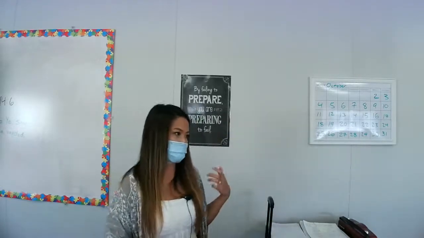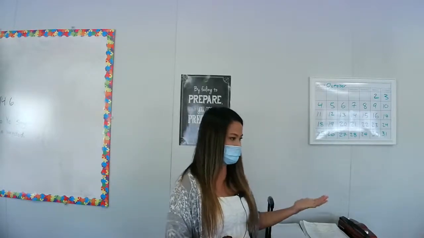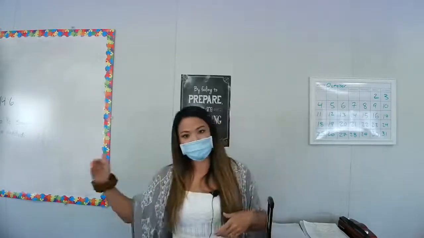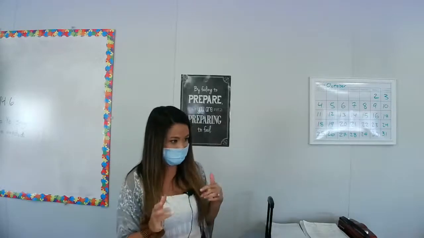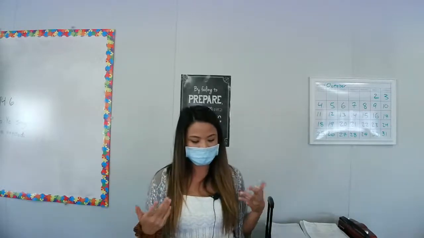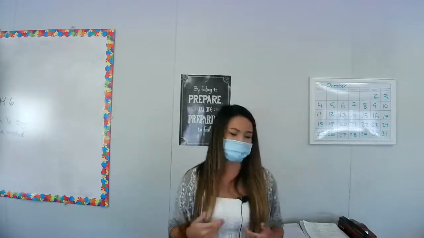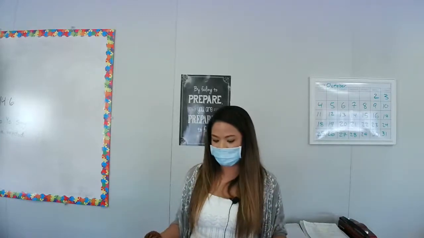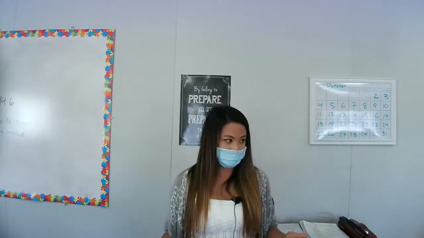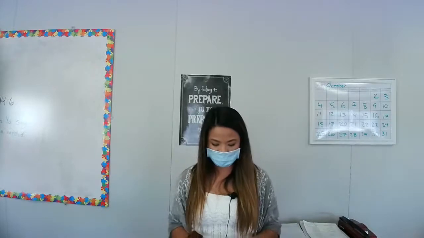Okay, so that's if you have series like red, black, and blue, and then you have another series, you would separate those series with semicolons. Or if you're just saying a lot of things within a sentence and those already have commas, then you can separate clauses with a semicolon. Look at your example.